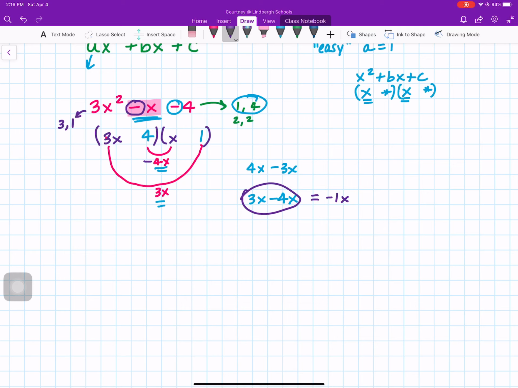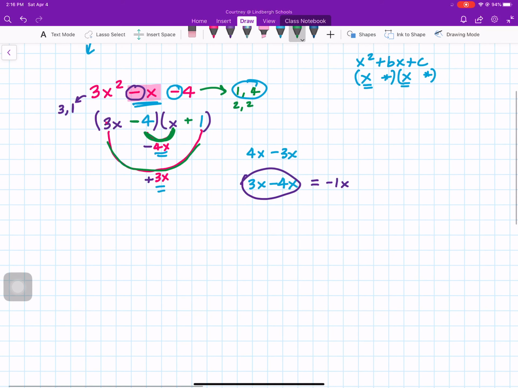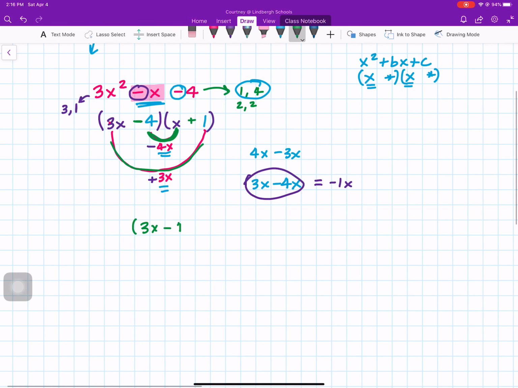Which means that 4 is my negative and 3 is my positive. So backtrack your rainbows. The negative 4 comes from the rainbow on the inside, so the negative goes with the 4. And the positive 3 comes from the outside, so that means my 1 is going to end up being positive. My answer is 3x minus 4 and x plus 1.